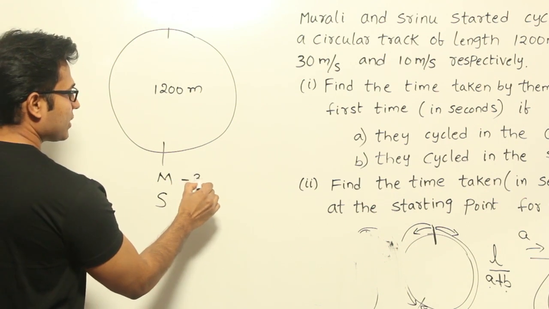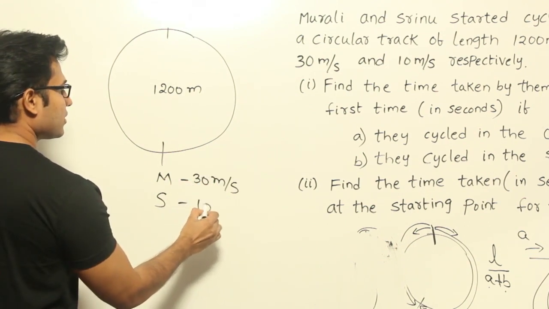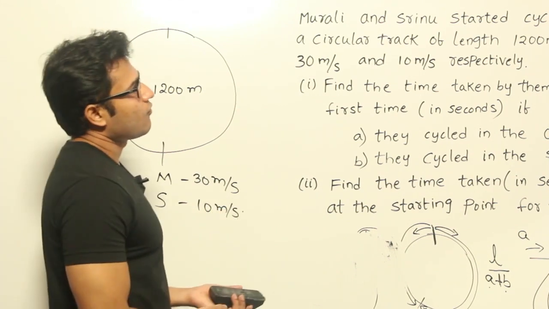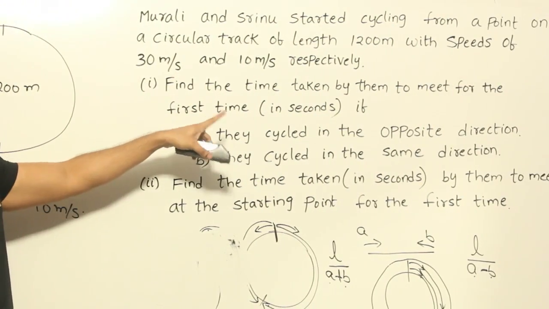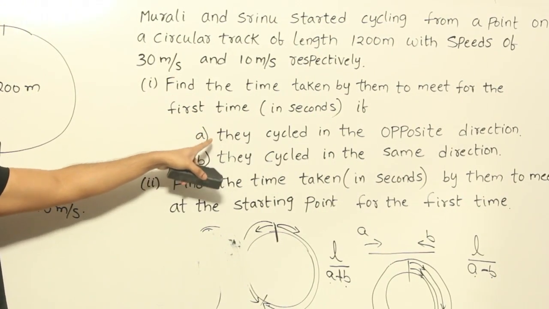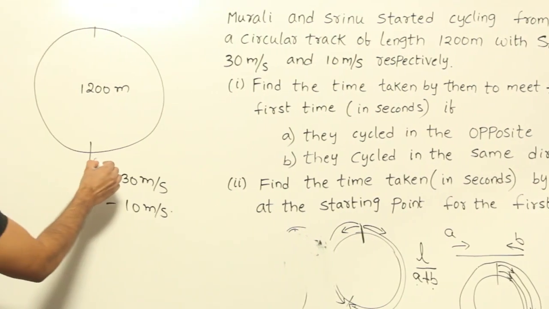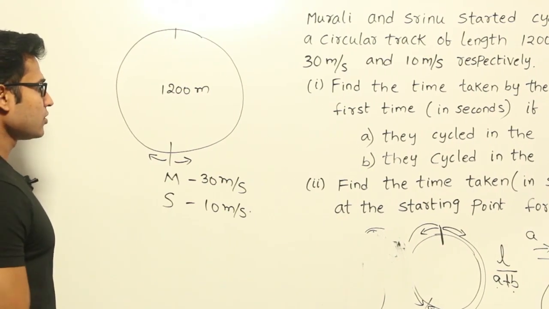Murali is going to run at 30 meters per second and Srinu is going to run at 10 meters per second, right? Now they are asking, what is the time taken to meet for the first time if they cycled in the opposite direction, which means if one of them is moving in this direction and the other one is moving in this direction, when are they going to meet?